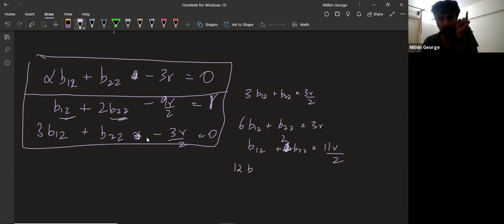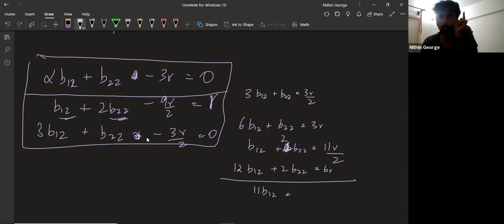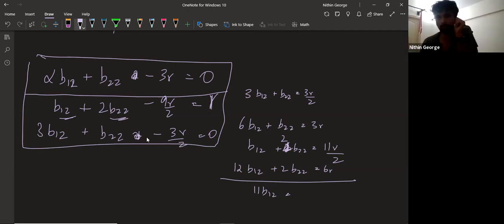So that becomes 12B12 plus 2B22 equal to 6R. Subtracting both, I get 11B12 equal to 6 minus 11 by 2, which is R by 2. So I got B12 as R by 22.